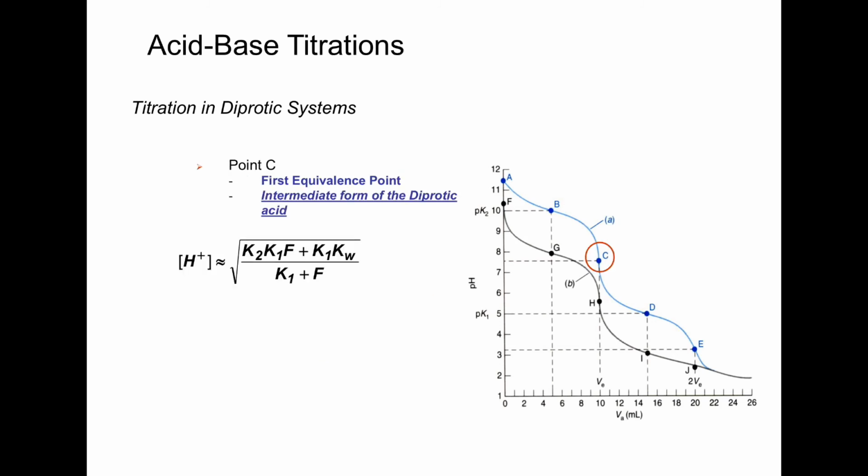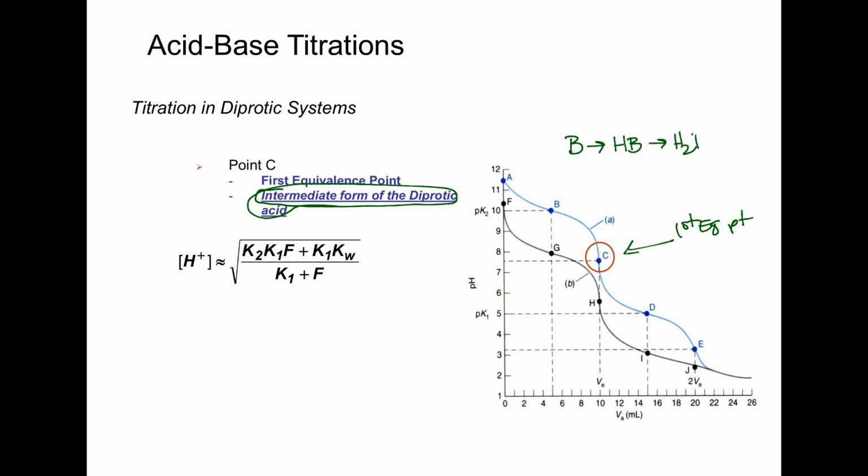And that brings us to point C, which is the first equivalence point. At the first equivalence point of a diprotic acid, the most prevalent form is the intermediate form. What we're saying there is that we've formed an intermediate form of a diprotic acid.